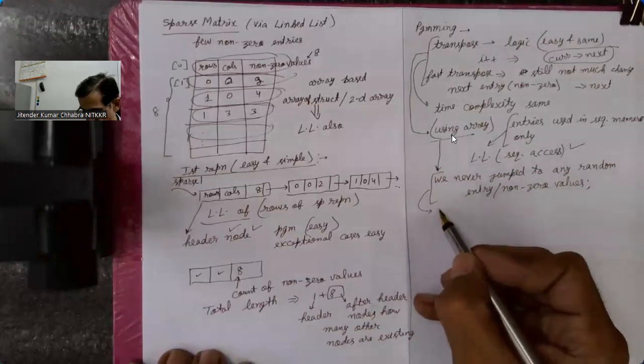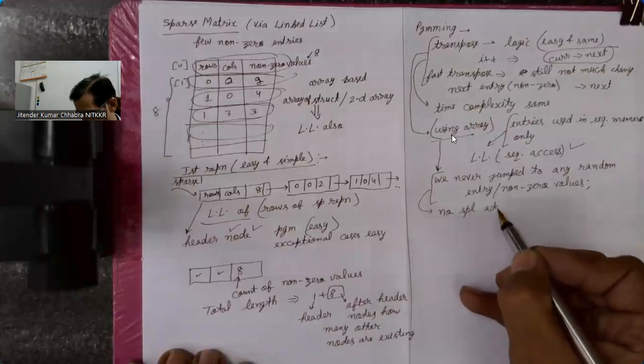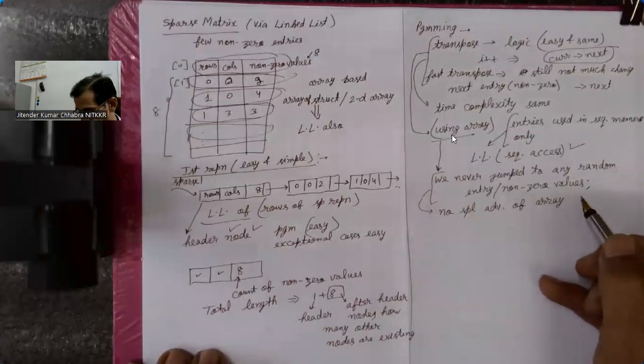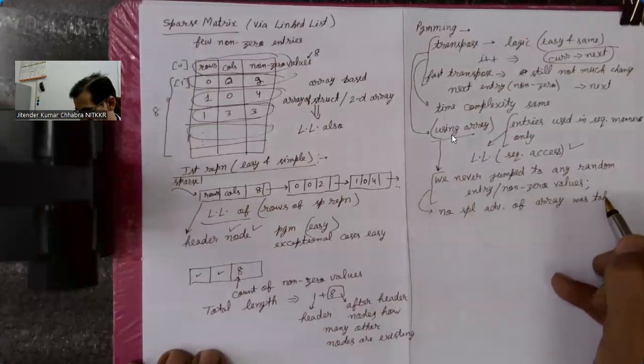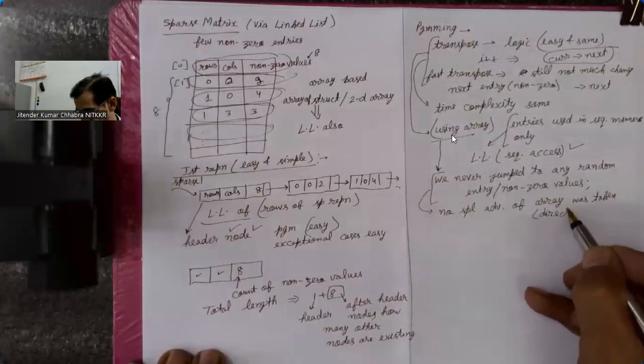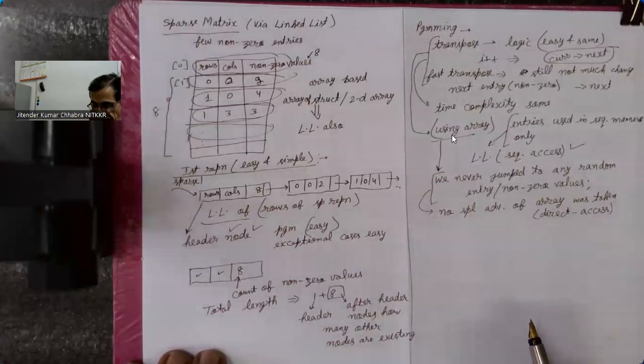Hence, no special advantage of array was taken, and hence linked list storage will work as it is. Because the array has a special advantage of direct access, but that was not explicitly used for any operation.